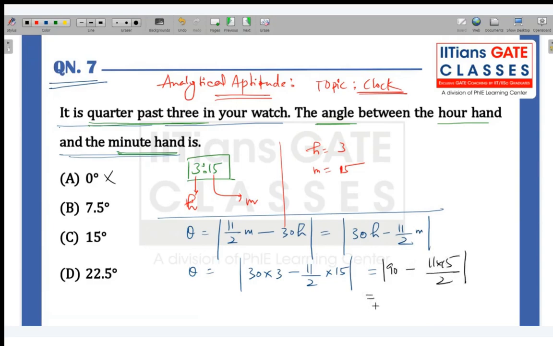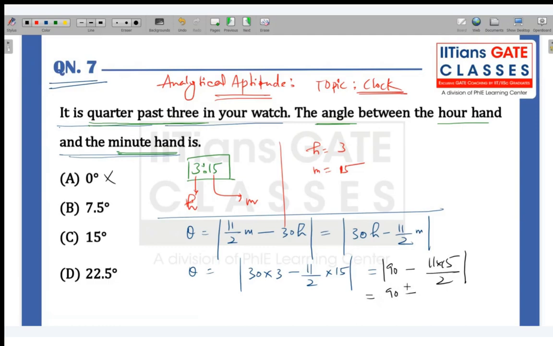Can somebody solve this equation here? What value are you getting? I'm waiting for your answer.